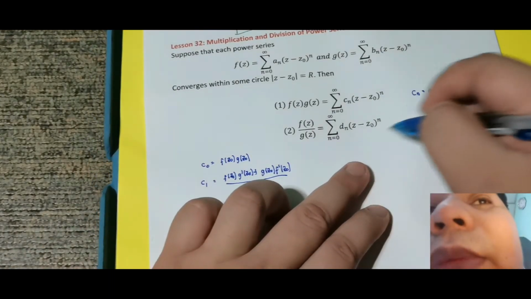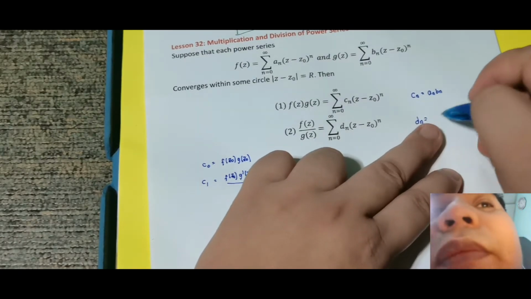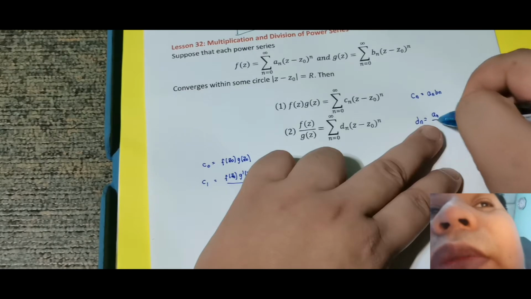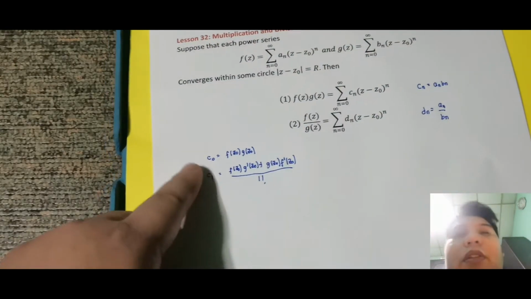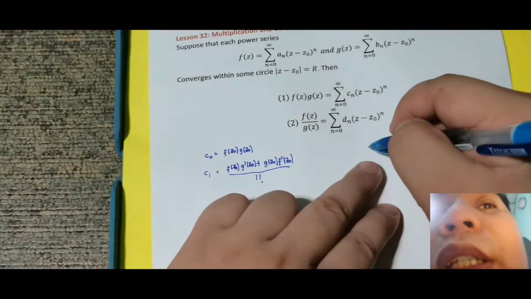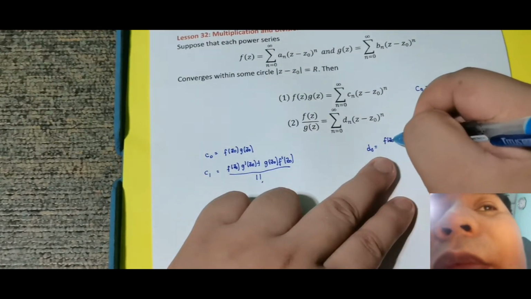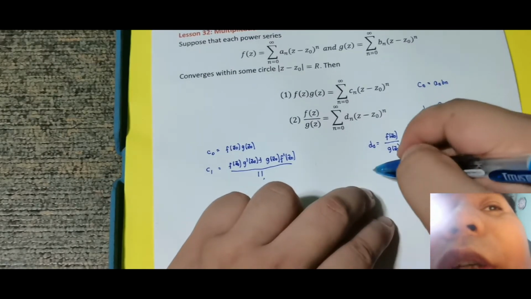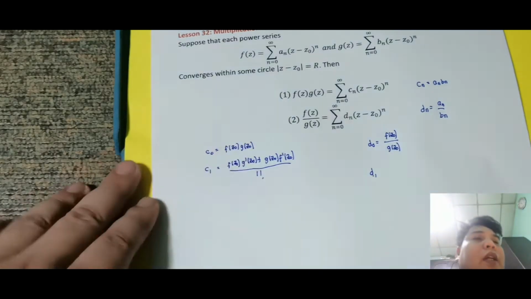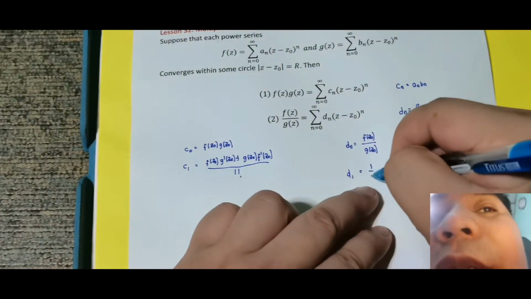Ano na mangyayari kay d sub n? Si d sub n, kunyari f of z over g of z, si d sub n is a sub n over b sub n. Yung d sub 0 is f of z naught over g of z naught. So, ano yung d sub 1? D sub 1 is by quotient rule, multiplied by 1 over 1 factorial.